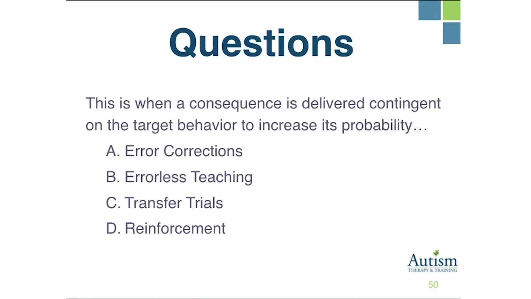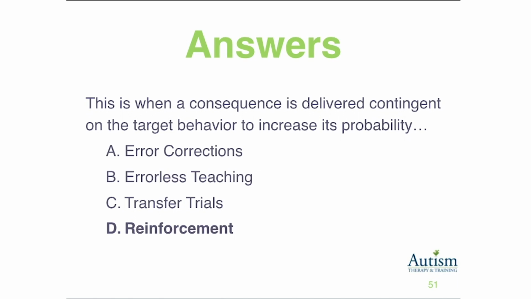This is when a consequence is delivered contingent on the target behavior to increase its probability. A, error corrections. B, errorless teaching. C, transfer trials. Or D, reinforcement. And the correct response is D, reinforcement.